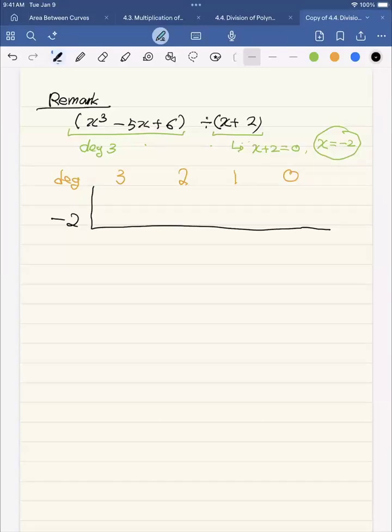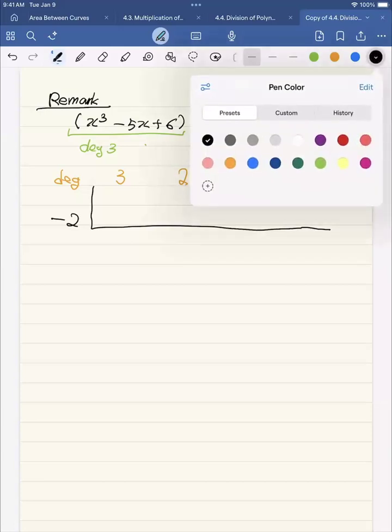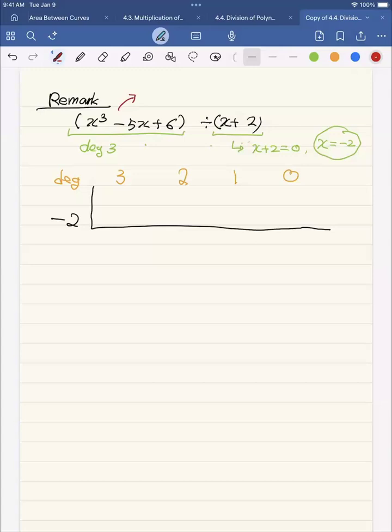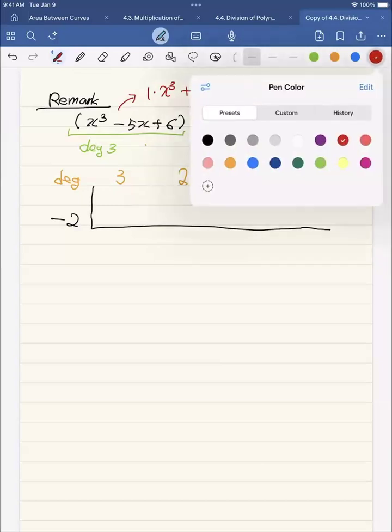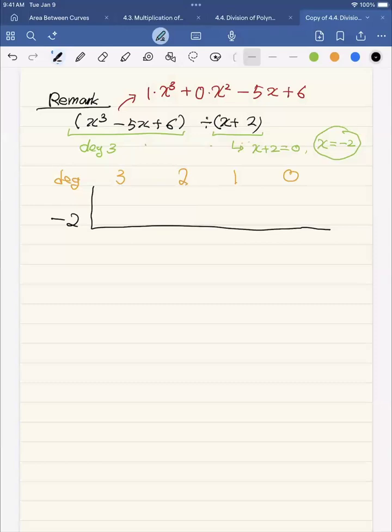So for clarity, what we can write is with coefficients. So 1x cubed, the next degree must be x squared, but it doesn't appear, so it is 0 times x squared minus 5x plus 6. So that is 1, 0, minus 5, and 6.